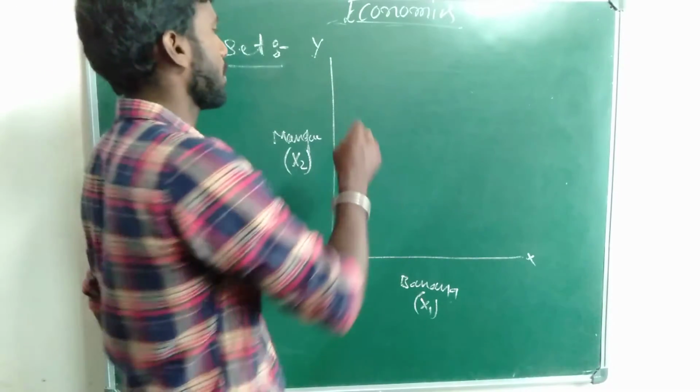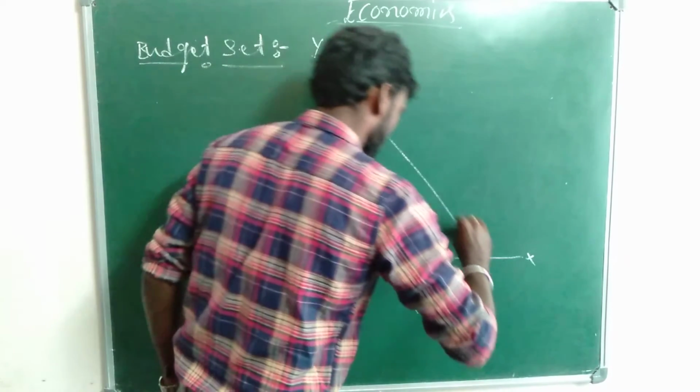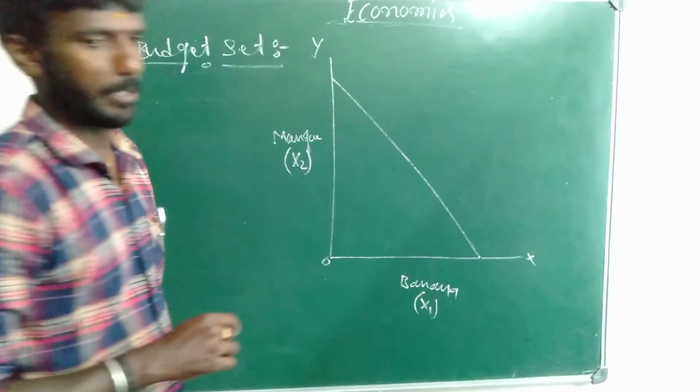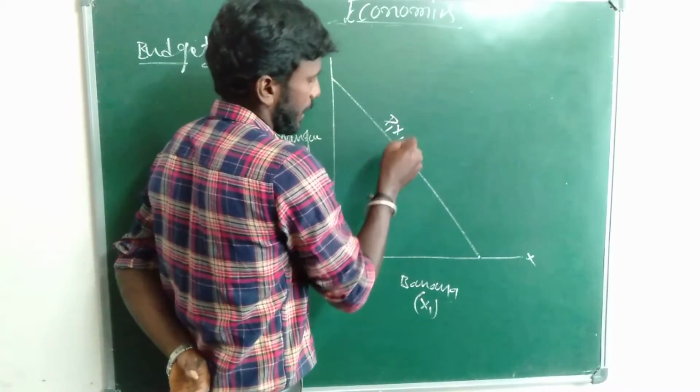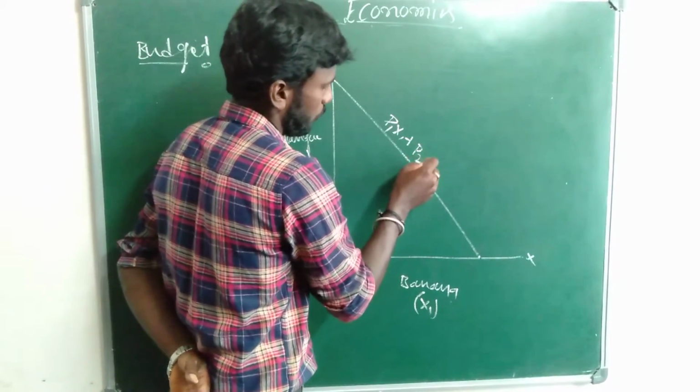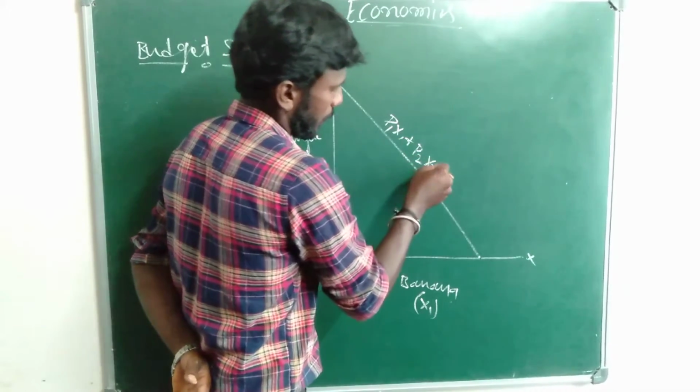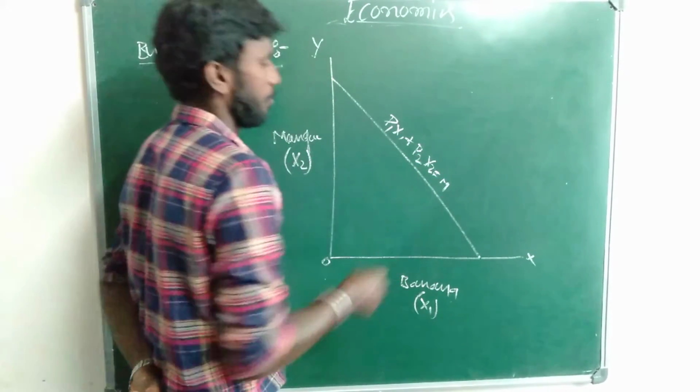Now we are going to consider the budget set easily. So this is the budget set line. P1 x1 plus P2 x2 equals m.